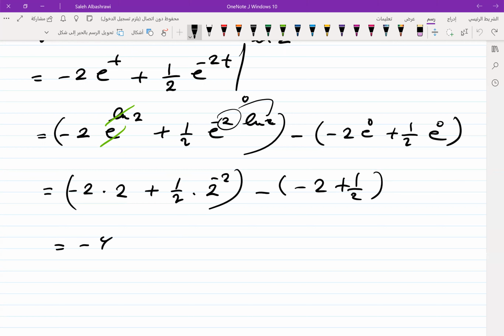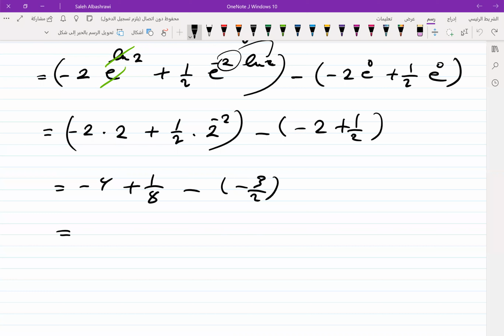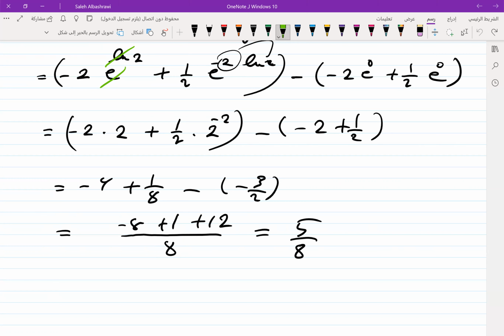That will be minus 4 plus 1 over 8 minus 3 over 2. You can take 8 as a common factor. It will be minus 32 plus 1 plus 12 over 8. And this will give me 13 minus 32... so the answer is equal to 5 over 8.